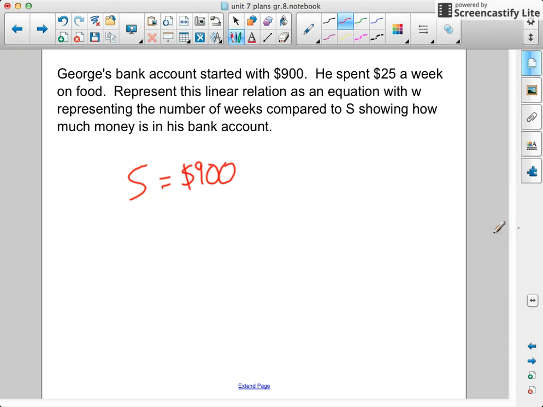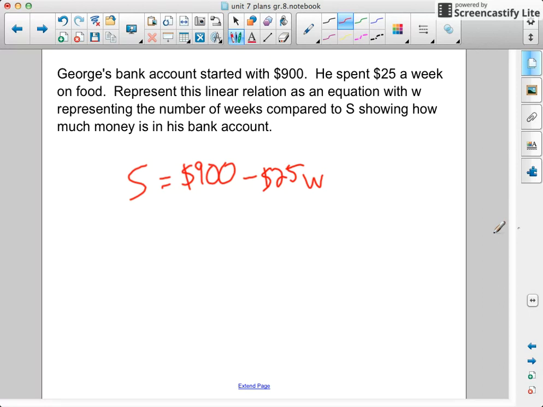Okay, that's my constant. That's not going to change from what I started at. What changes is how much he has in his account depending on how many weeks. So that would be W, my changing amount. Now he's actually decreasing money because he's spending, so I'm going to be minusing that $25 per week. So minus $25 times however many weeks. Okay, so 900 minus 25 times W, the number of weeks.